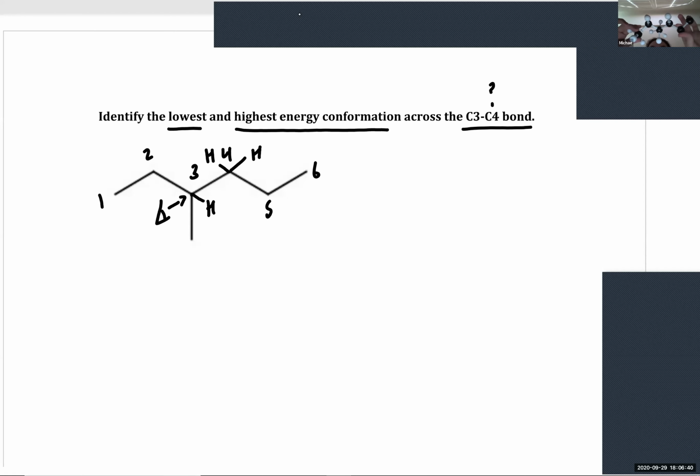Okay, so here is our molecule. Now what we're going to do is look down carbon 3, which is this one right here. So we're staring down carbon 3.